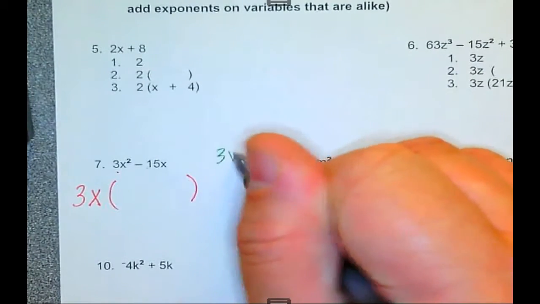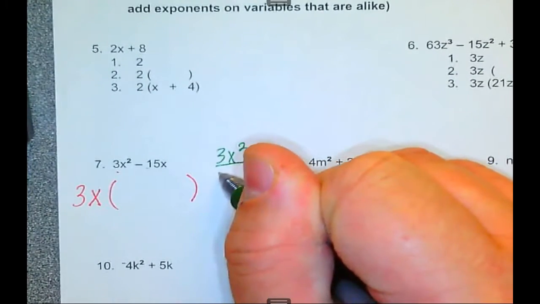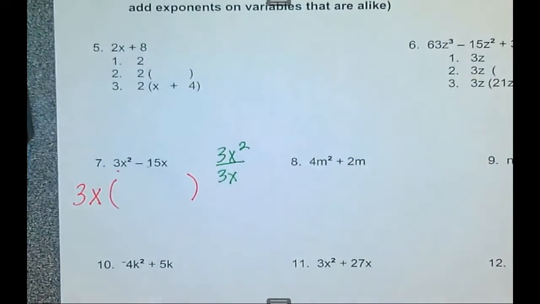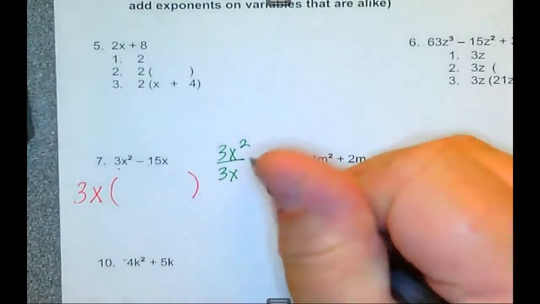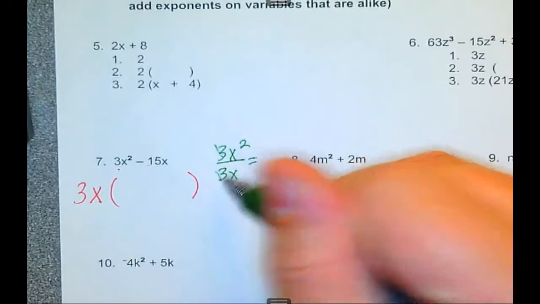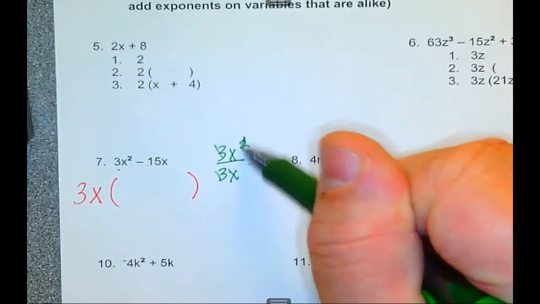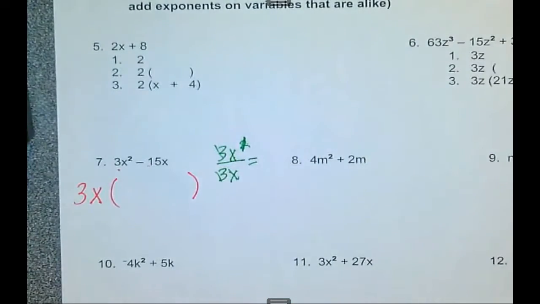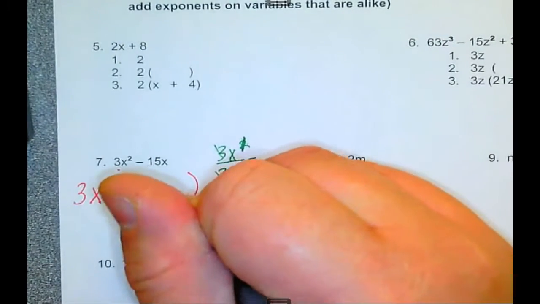So I'm taking 3x squared, and I'm dividing it by 3x. What does that give me? From unit 7 on exponents, and yeah, it gives you x, right? Because the 3's cancel, one of the x's cancel, it gives me x to the first over 1, or just x.